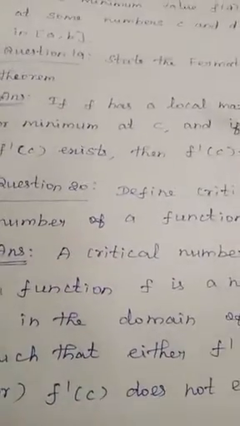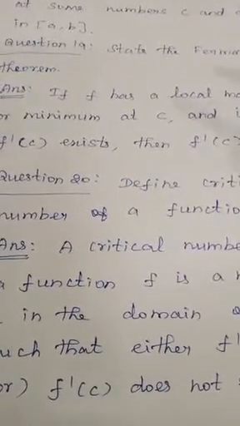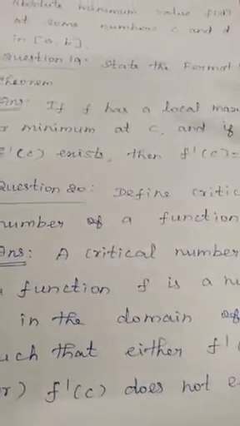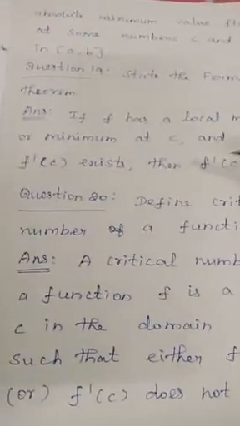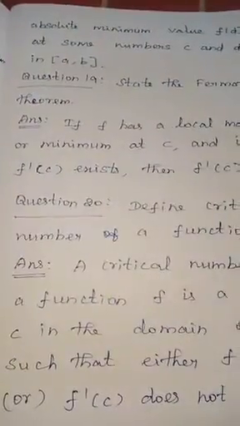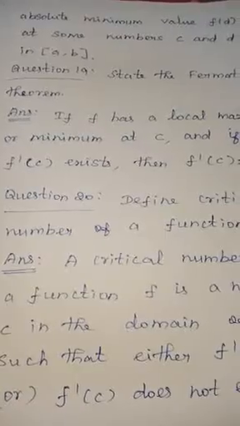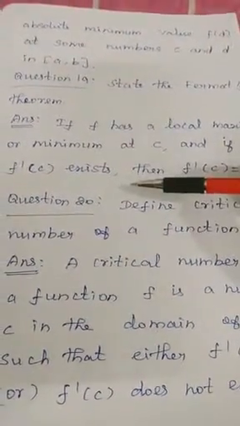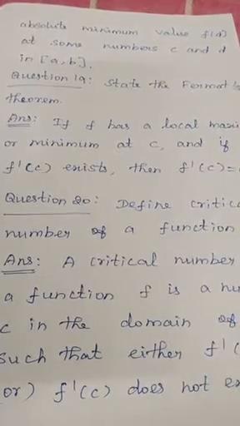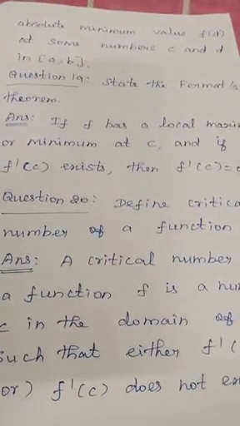Next question. State Fermat's theorem. Fermat's theorem statement: if f has a local maximum or minimum at c, and if f'(c) exists, then f'(c) = 0.